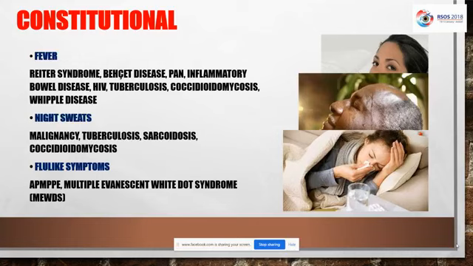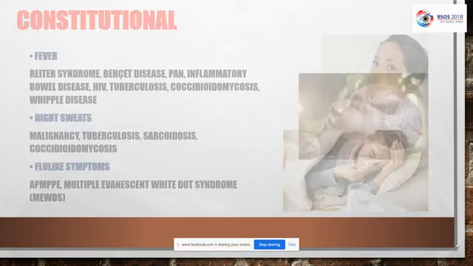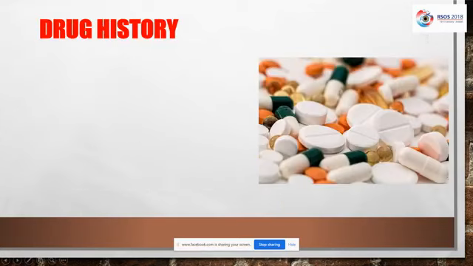Also, flu-like symptoms with infection, like a history of infection with tick bite, with possibility of Lyme disease. So it's very important to have that in your history. So this is related to the constitutional symptoms.